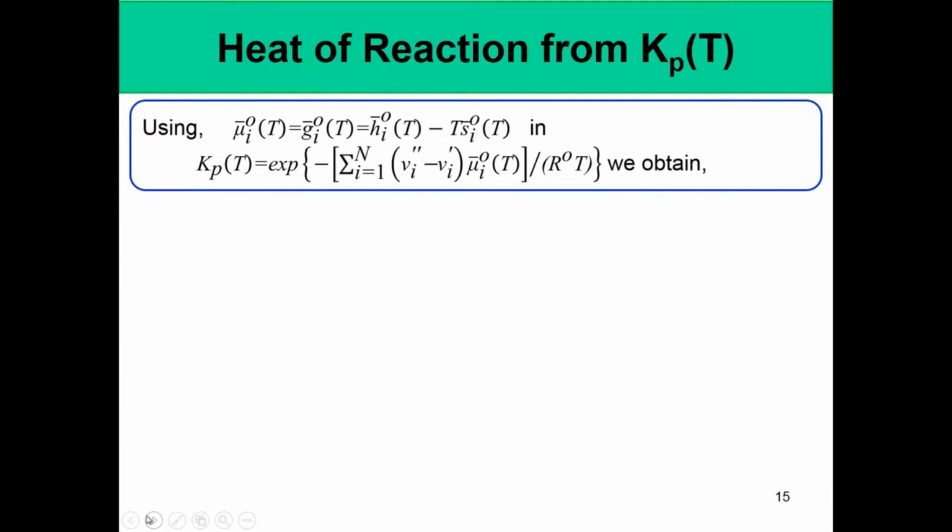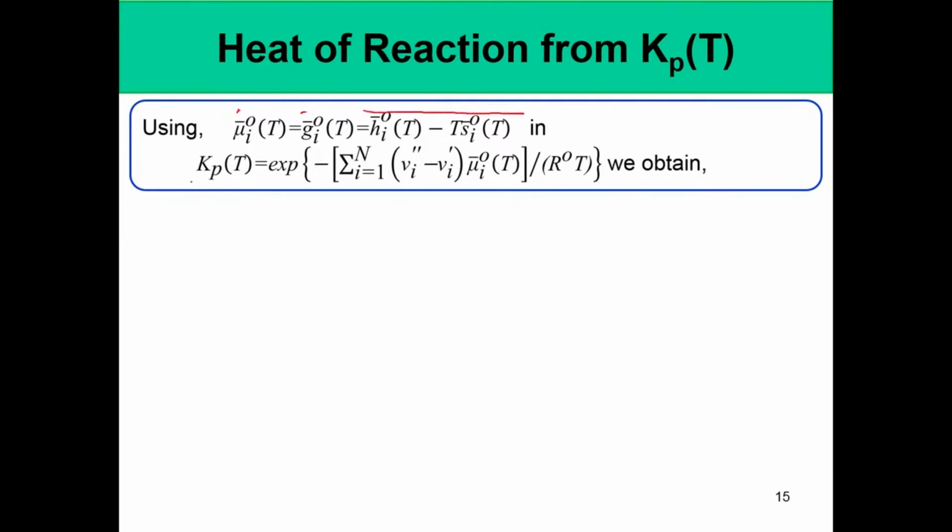Now, I will just quickly go over this derivation: you can also obtain the heat of reaction from Kp(T). When you define the standards, the specific chemical potential can be shown to be equal to the specific Gibbs free energy, which is given by this form.